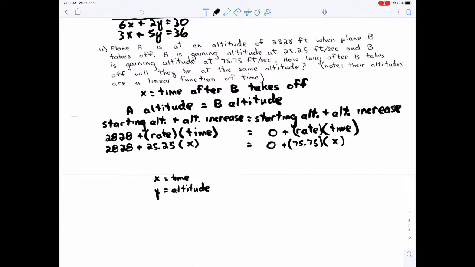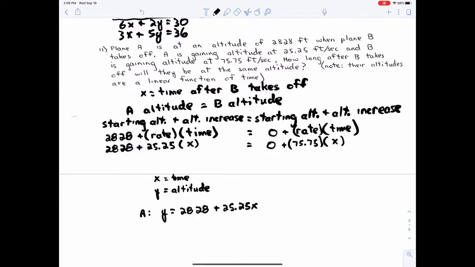And then what they're going to do is make you write an equation for A. And what would the equation for altitude be for A? Just the side of the equation that is A: y equals 28 plus 25.25x.